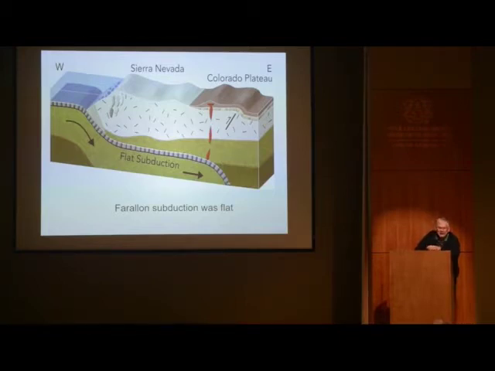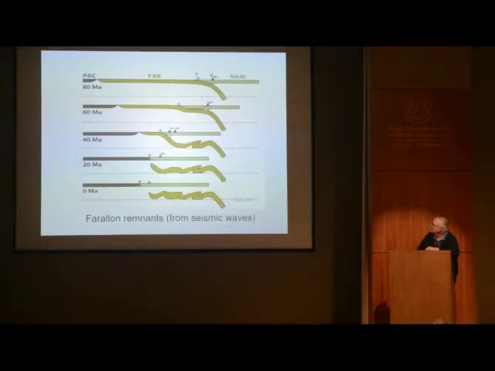They can do seismic analysis, again, looking at earthquakes and various kinds of evidence coming through the material beneath the surface. And they have actually reconstructed what the Farallon plate currently looks like. So here's a sequence, again, 80, 60, 40, 20 million years ago. And so it's gradually sort of wrinkled up down here beneath the surface, but it's still there.